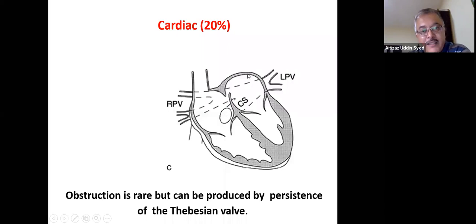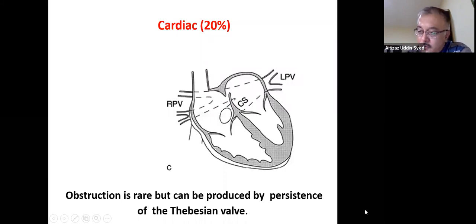From the coronary sinus, part of the pulmonary venous return goes to the right ventricle, and part goes to the left side through a foramen valve to be pumped to the systemic circulation. Now, this is rarely obstructed, but you cannot say it's never obstructed, because a persistent Thebesian vein on the mouth of this coronary sinus can make it obstructed.